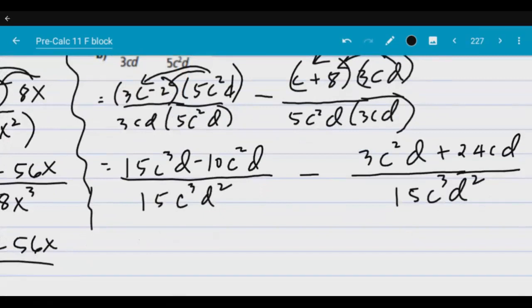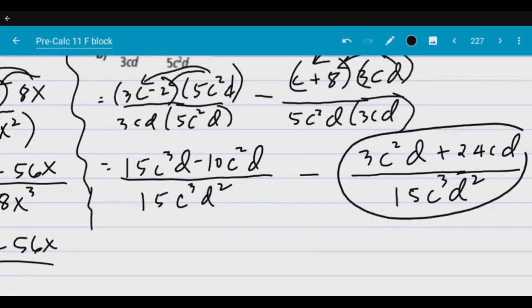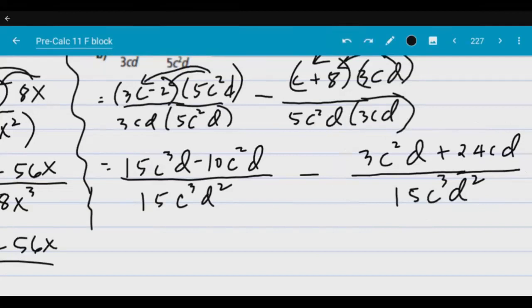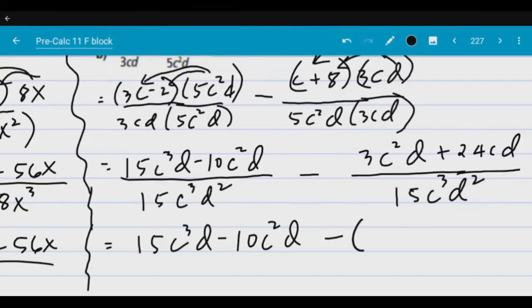we can now put them together under the same denominator, but you have to be careful. We are subtracting this whole thing. Therefore, if you want to put them together, you need to make sure that that negative is distributed to each of these. Or what I'm saying is this one, 15c cubed d minus 10c squared d minus 3c squared d plus 24cd.